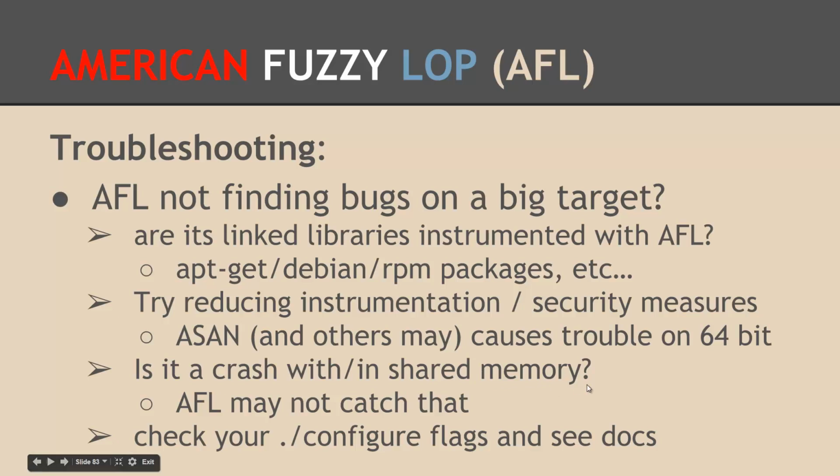So if you are trying to test it with a file that definitely causes a seg fault, but it occurs in some shared memory region, then that may be the reason why AFL is not behaving properly. And finally, make sure to double check your configure flags and see the documents for any notes on your target binary and what you're trying to instrument it with.